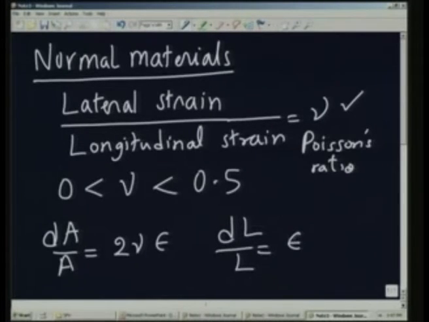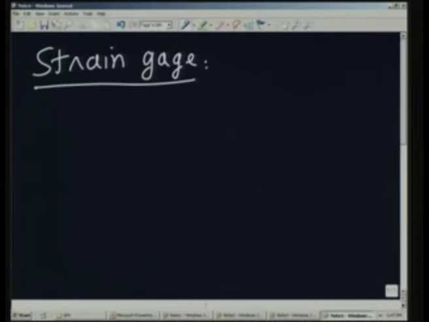Now, let us look at the material of a strain gauge. So, I want to now link up whatever we talked about in general about any material which is undergoing a strain, the longitudinal strain and the lateral strain. I am going to now look at what is the consequence for the strain gauge.